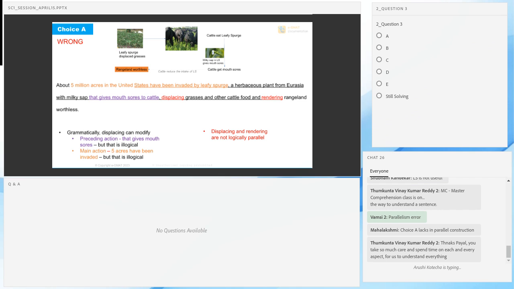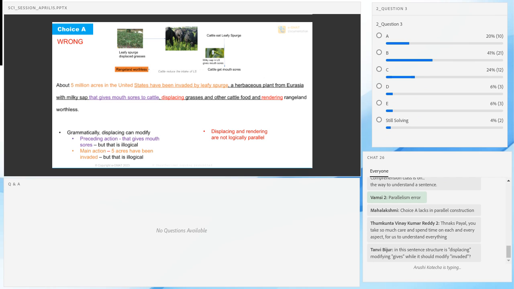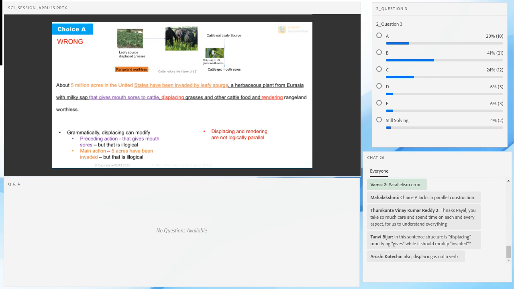Any doubts about choice A? About 10 of you had selected choice A. Now, do you see why choice A is wrong? And again, it's very important to understand why each and every choice is wrong. Displacing doesn't need to be a verb, Arushi. That is not why choice A is wrong, because everything has been accounted for in choice A. There's no subject that's hanging without a verb.